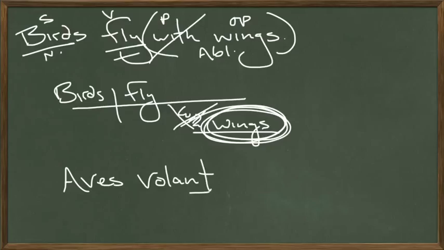More than one bird, so we're going to use the plural version of the verb here. Aves volant, with wings. This has got to be in the ablative case. So, alis. Aves volant alis.